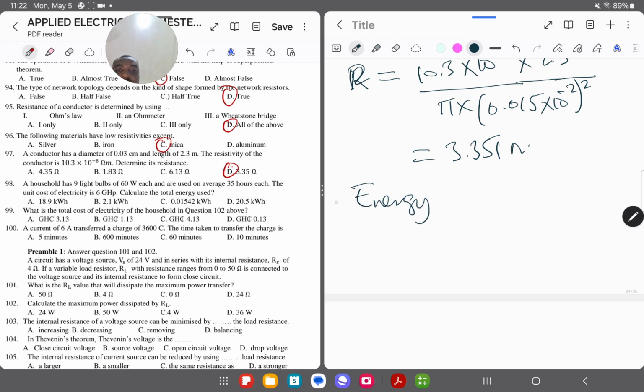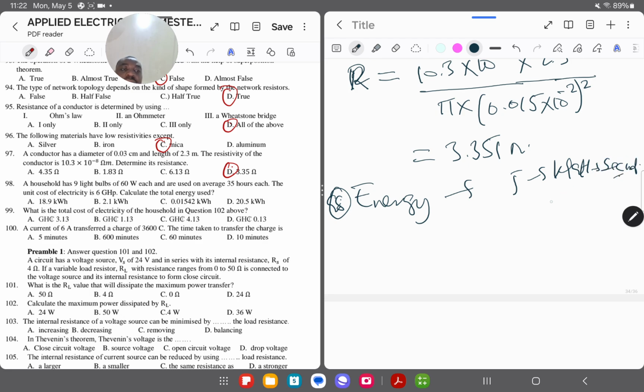So it's energy, right? And energy is in joules, and joule is just the same as watt seconds.